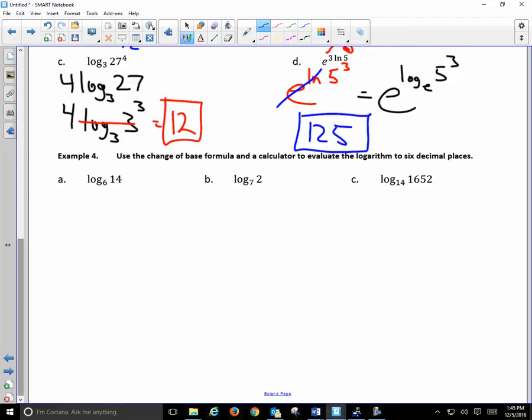So let's see what we get. I have log base 6 of 14. We know it's going to be 1 point something. So I will do log of 14 divided by the log of 6, or I could do the natural log of 14 divided by the natural log of 6, whichever one you prefer.